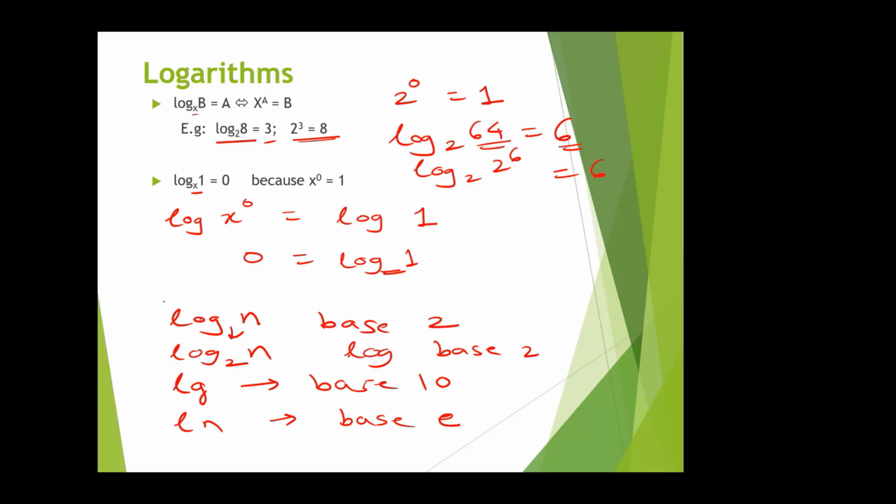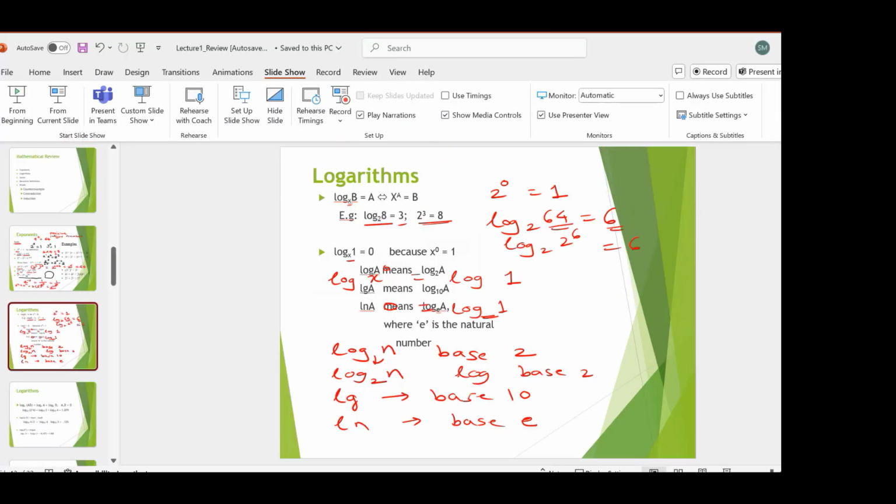So unless it is specified, whenever we say log of something, we are assuming that it is base 2.